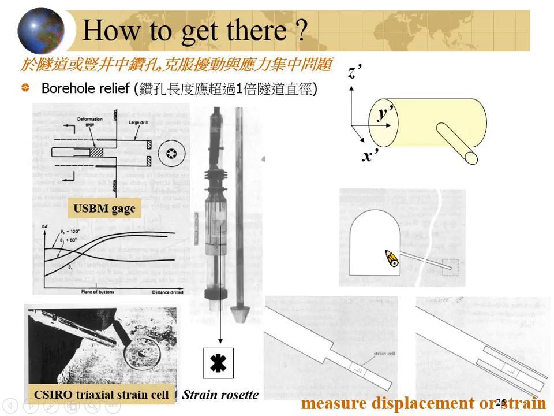In borehole relief, we put sensors like strain gauges or displacement markers in a small device like this. Maybe it's not easy to see. This part will be the strain gauge, and you will have strain gauges around this small device.